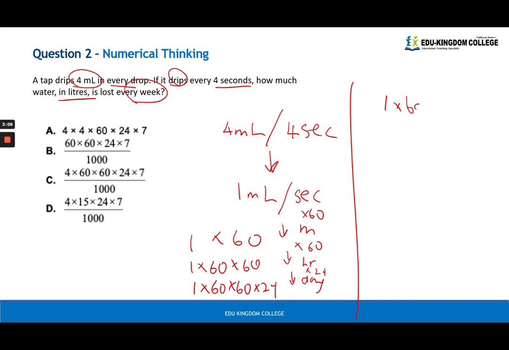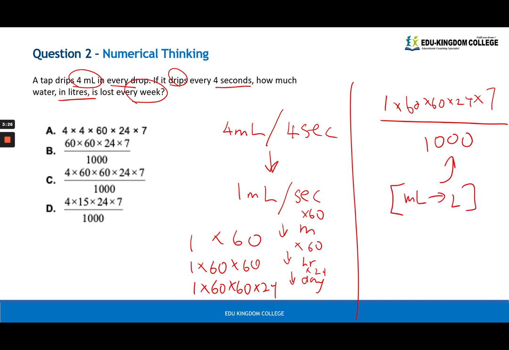So 1 times 60 times 60 times 24 times 7. Now the only thing wrong with that is we need to divide it by 1,000. Why? We need to change it from milliliters to liters. So that actually looks the same as option B. Okay, the 1 is just not written there, but it's the same thing.